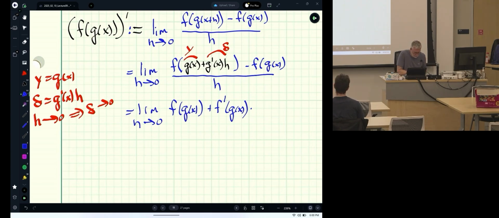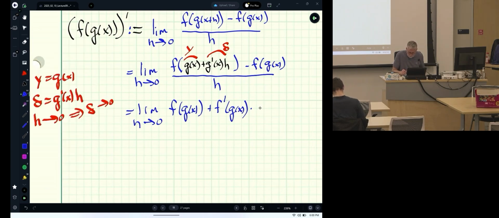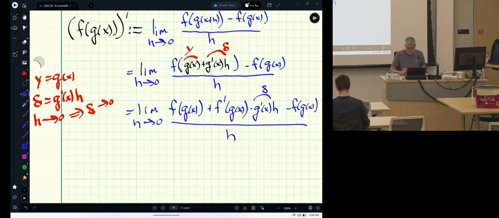Yeah, and then the y minus y0, that's the delta. So this goes f prime, and then this becomes g prime of x times h, that's delta. And then we have the minus f of g of x over h. So we've used our linear approximation twice.